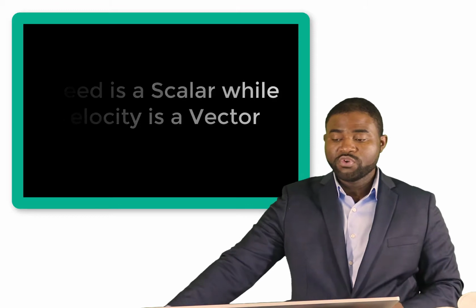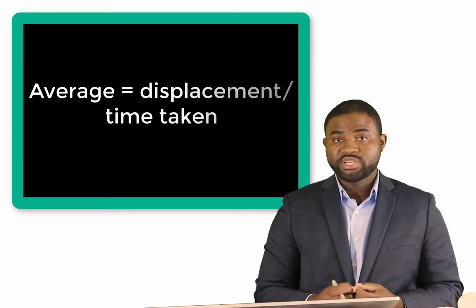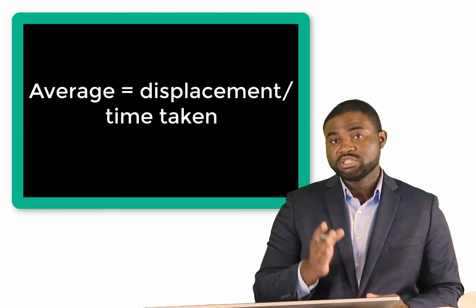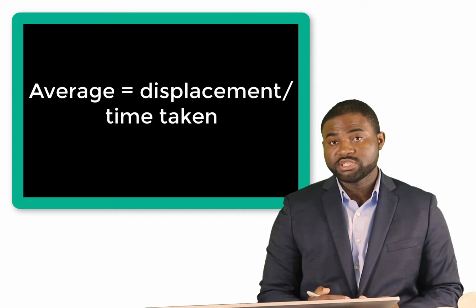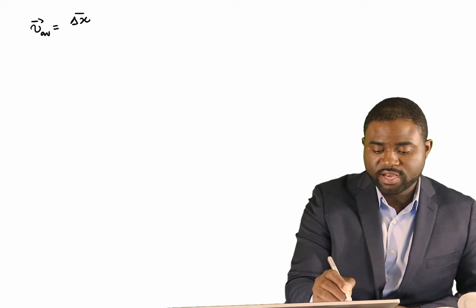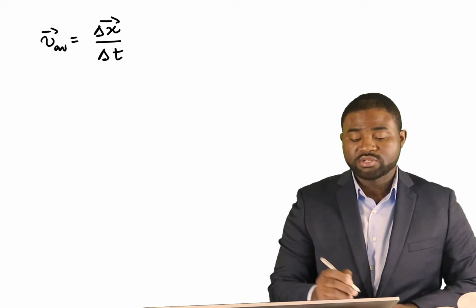If you recall, by definition, the average velocity of an object is simply defined as the displacement of that object divided by the total time taken. In other words, V average is simply equal to delta x divided by the time interval delta t.